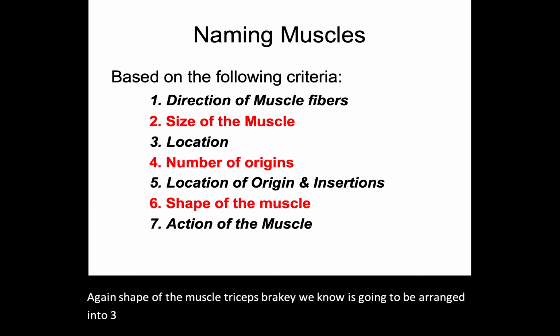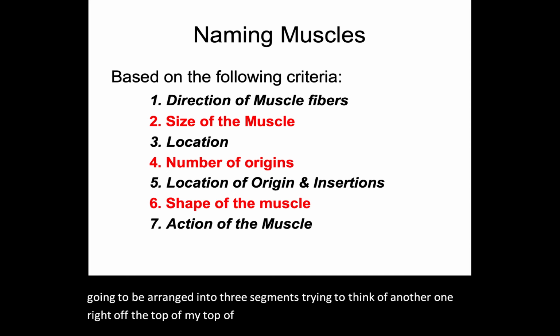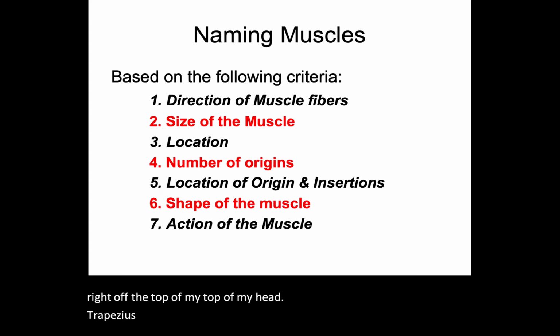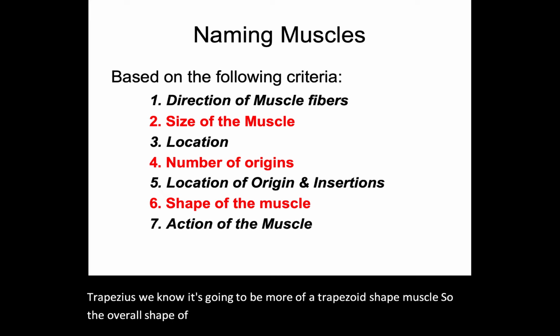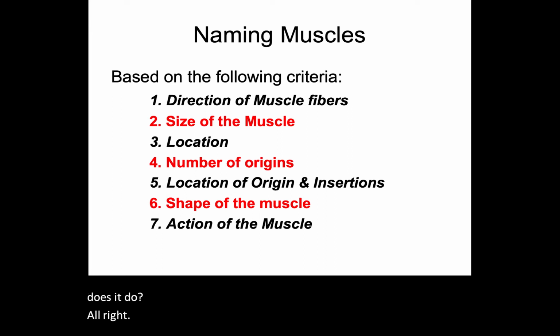I'm trying to think of another one right off the top of my head. Trapezius, we know it's going to be more of a trapezoid shape muscle. So the overall shape of that muscle. And then the action of the muscle. What does it do? And so these are just some of the criteria that we use in naming the muscles.